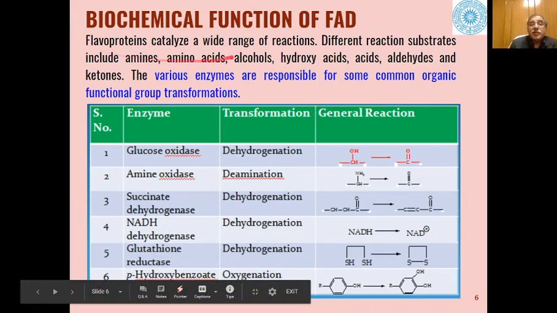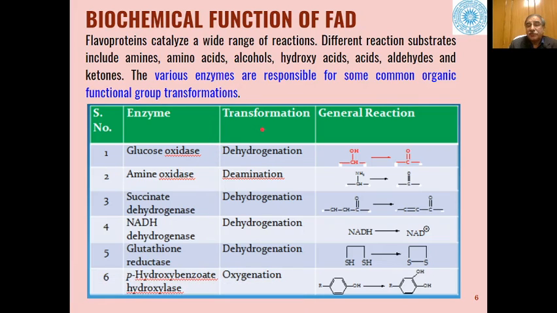The flavoproteins catalyze a wide variety of biochemical reactions. For example, if we use glucose oxidase as enzyme and FAD or FMN as coenzymes, then they can undergo dehydrogenation reactions. So alcohols will be converted to carbonyl compounds.